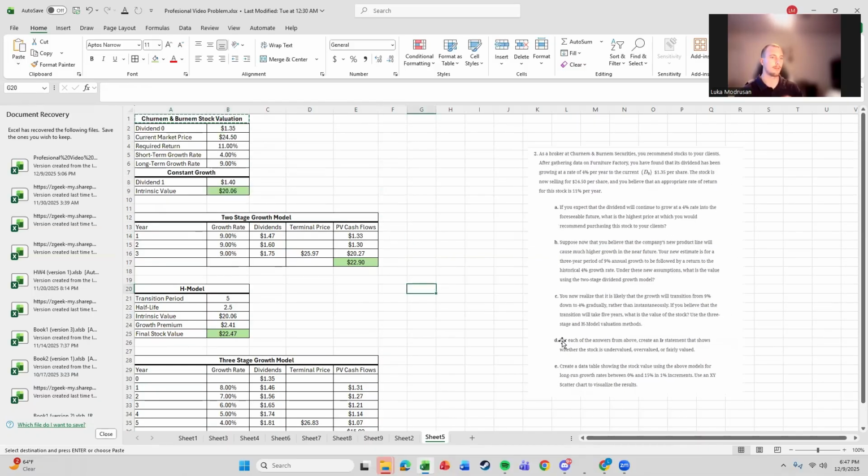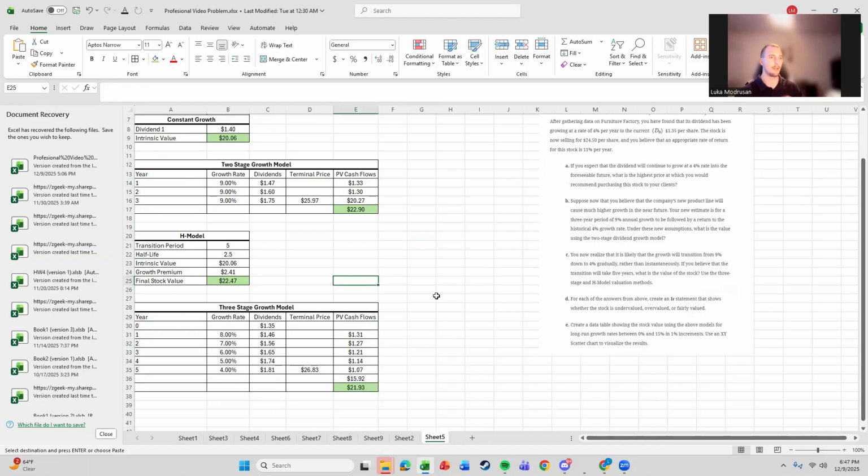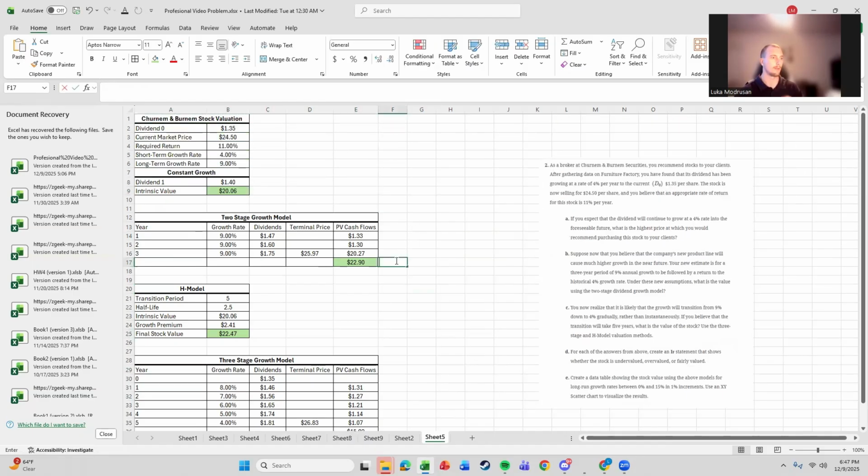So final step for me, I'm just gonna be doing D, A through D. So now we're gonna be creating these if statements. So if this is smaller than that, we're gonna go overvalued.